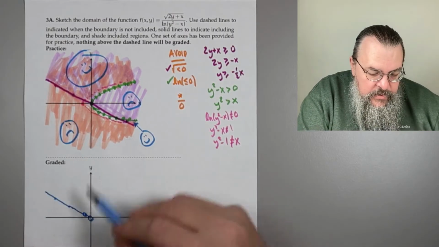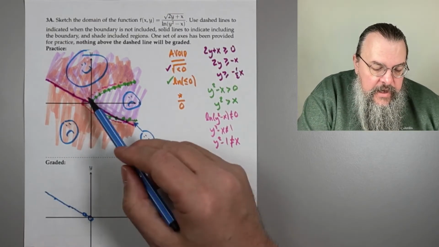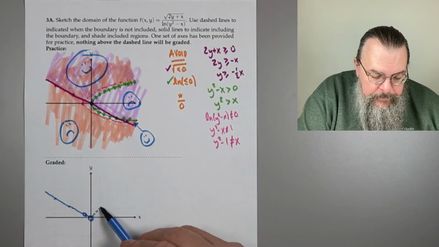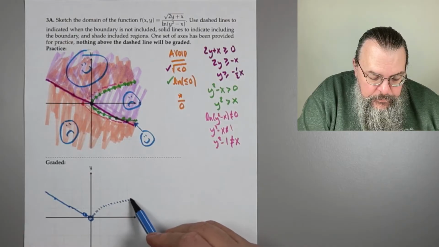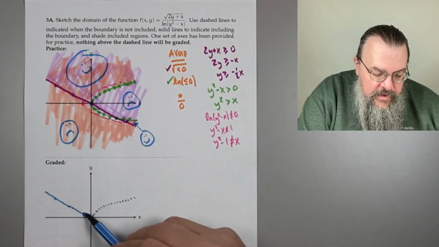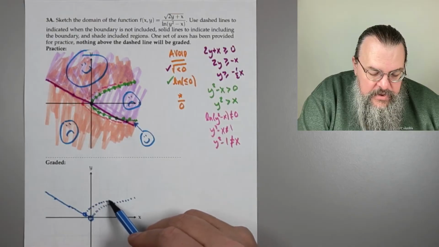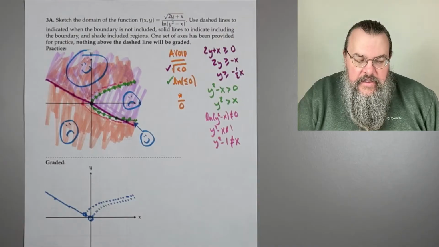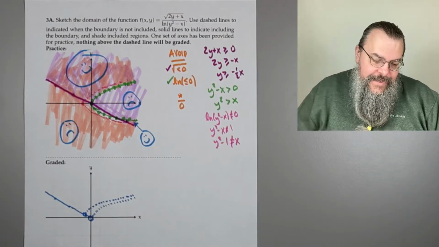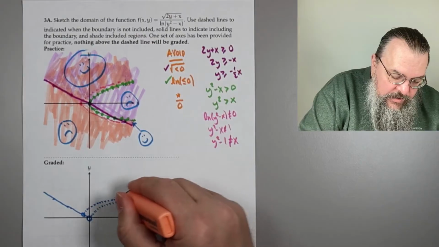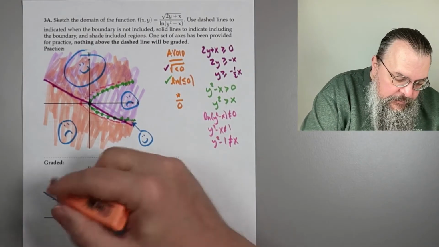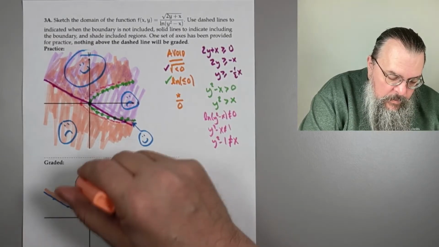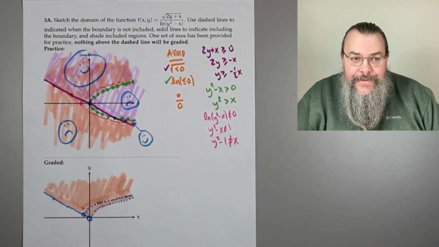So we're missing a point there. Now we have our parabola, dotted line. So there's our parabola there. And then we have another parabola here, and coming across. Everything else is okay. In between is okay. Above is okay. And there we go. So that's part of it.